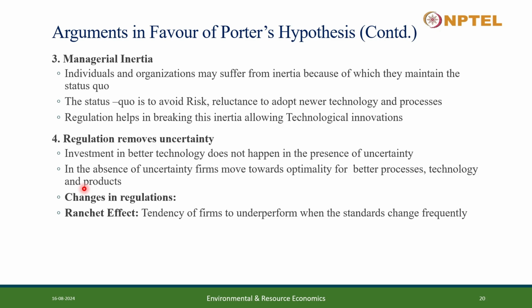But let's say the regulation changes, like right now the standard is X, and then next year they again reduce the standard, and then the next year the regulation changes again.